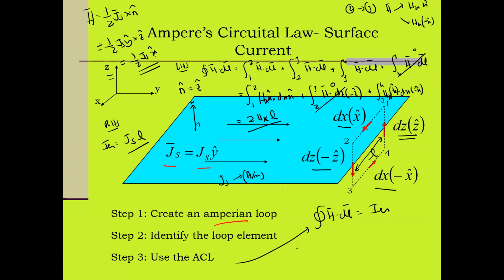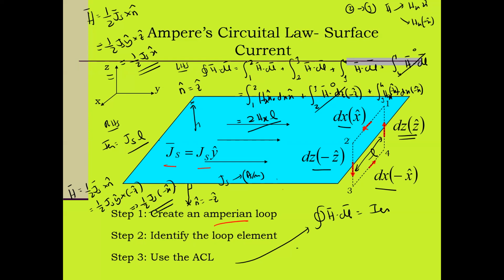Whereas for any position below the surface current, the normal unit vector will be equal to negative z. So for any point below the surface current, the H field intensity will be half of Js cross n, which gives half of Js in the y direction cross a negative z unit vector, and this gives us half of Js in the negative x direction.